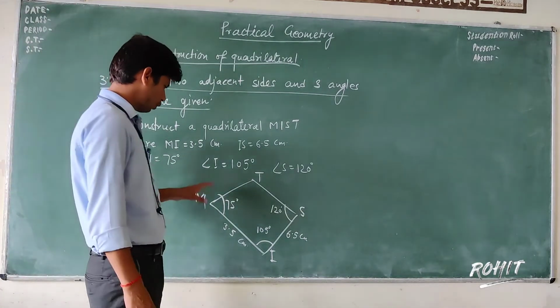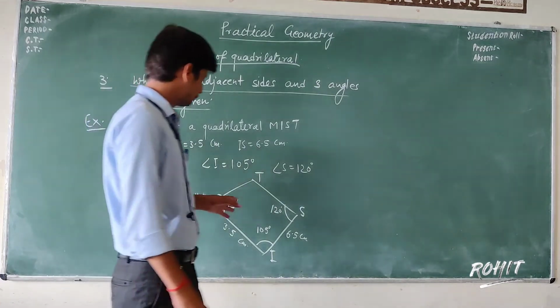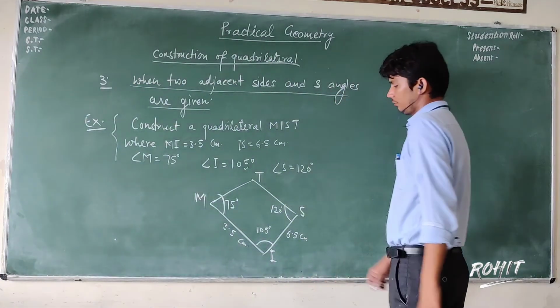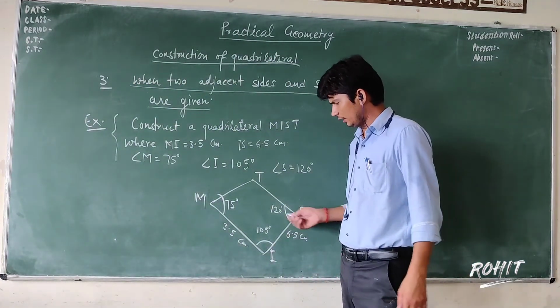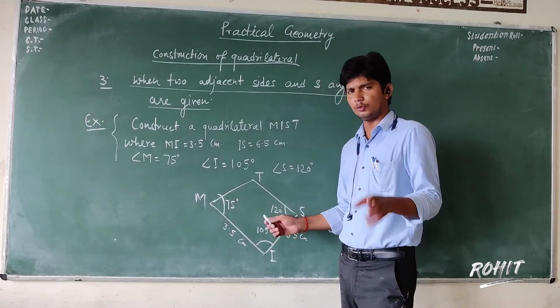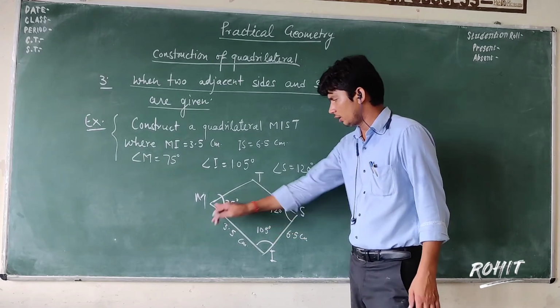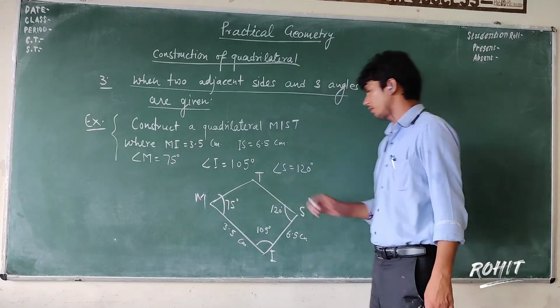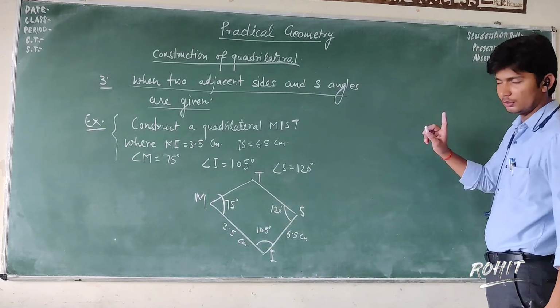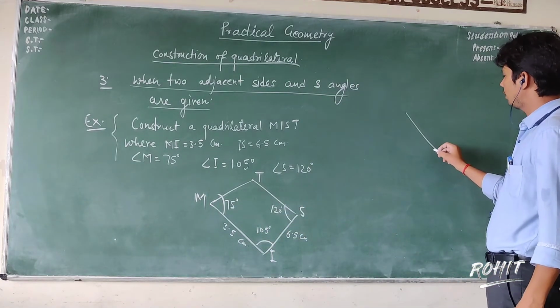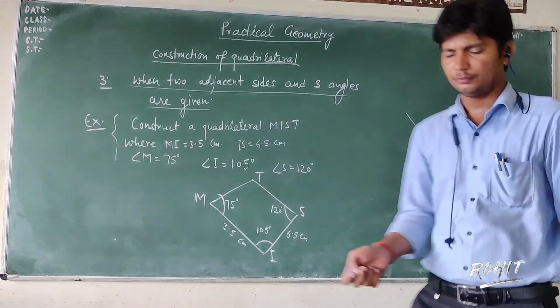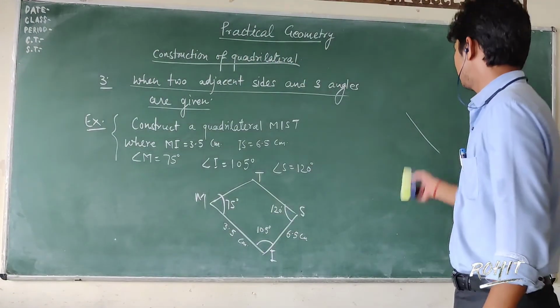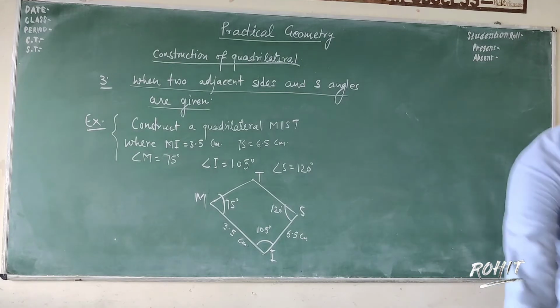So, what are the steps? How will we draw? First, draw either IS or MI. It is up to you which line you want to draw. So, let us draw MI. First step is draw MI. Draw it as it is.